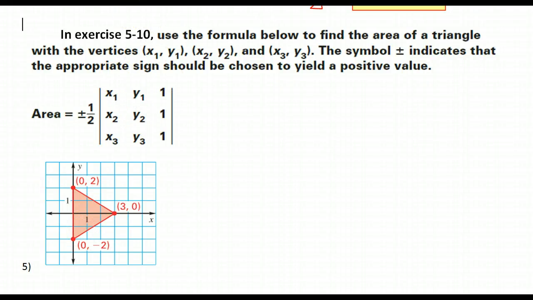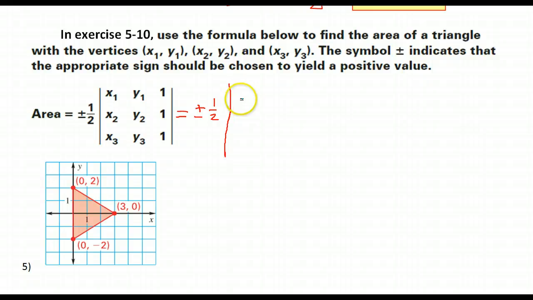So looking at number 5 as an example. Okay, so we have our plus or minus 1/2. Let's just begin to build this matrix. I'm just going to go in order.